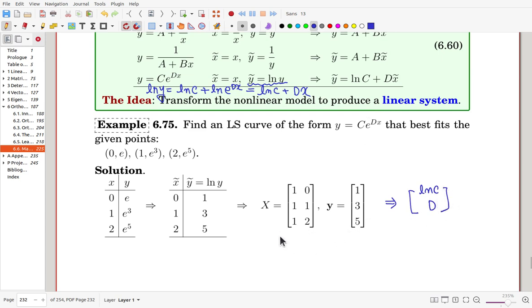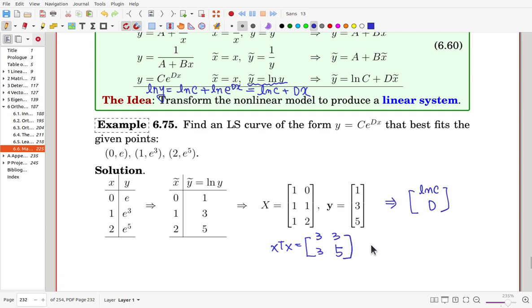Okay, let's solve this one. x transpose x: the dot product of the ones column with itself is 3, and then again 3, and here 5. The dot product of the x column with itself is 1 plus 4, must be 5.